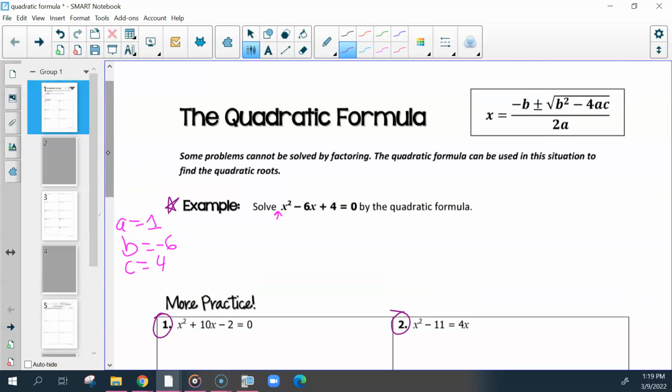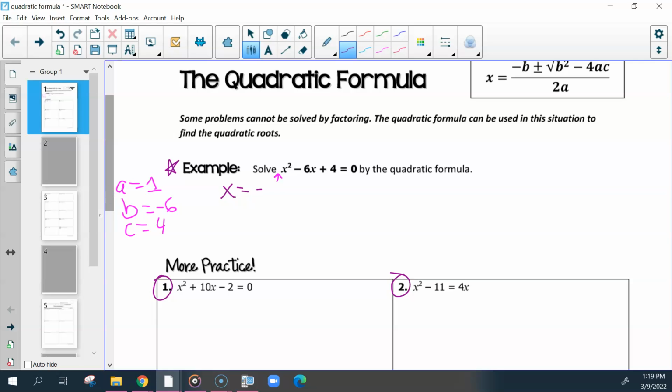So we're first going to set it up exactly as is. x equals negative b, our b value is negative 6, so I'm going to put that in parentheses, plus or minus the square root of b squared, anytime you do your b squared, put that in parentheses, minus 4 times your a value of 1 times your c value, which is 4, all over 2 times your a value, which is 1.